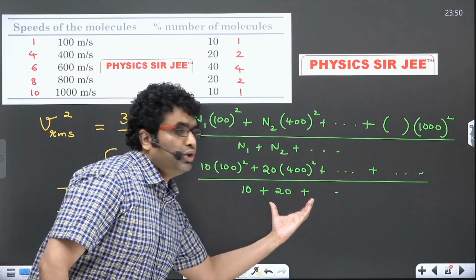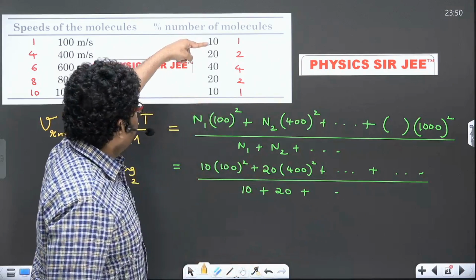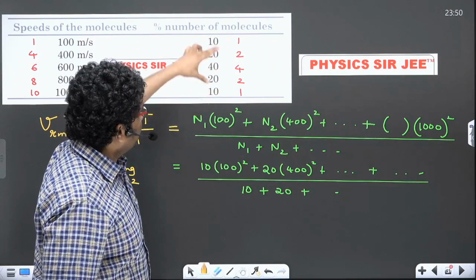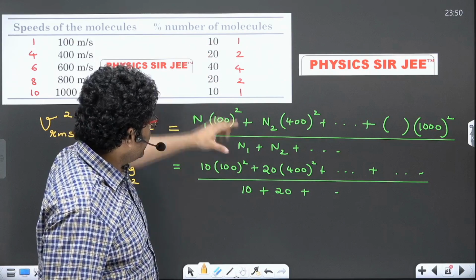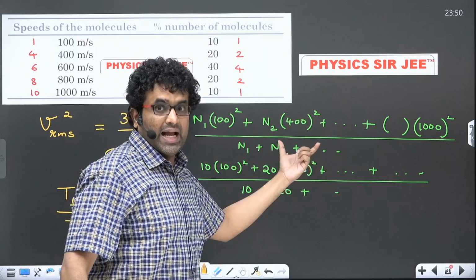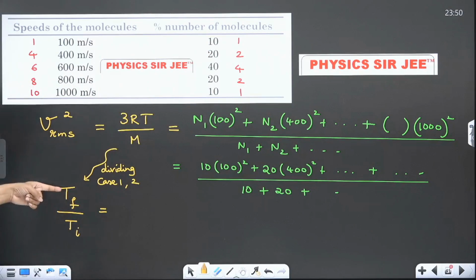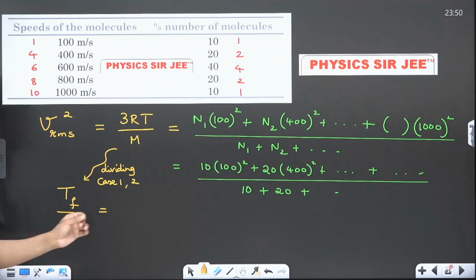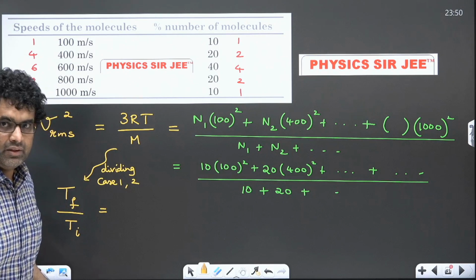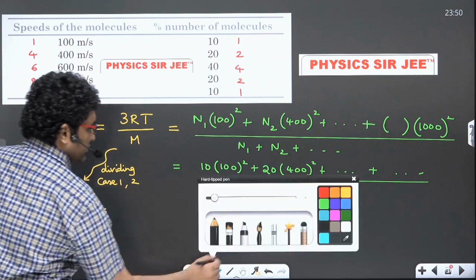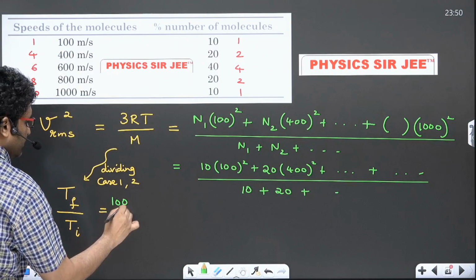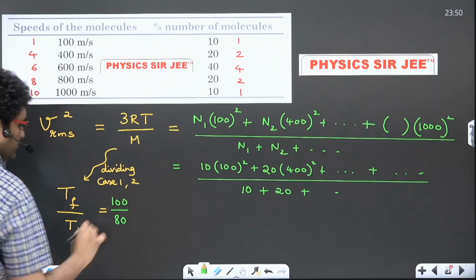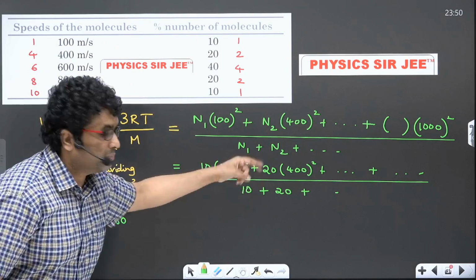now let's do the denominator first. It's easy, right? Sum of all these numbers upon divisions would be 100 in the first case and 80 in the second case. And since you are doing second case divided by first case, they are in the denominator. You would end up getting 100 divided by 80. That would be the ratio of denominators.